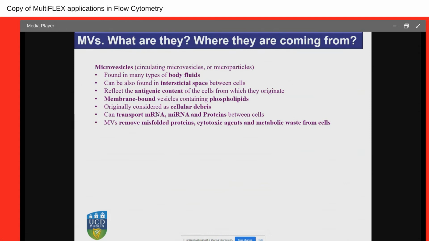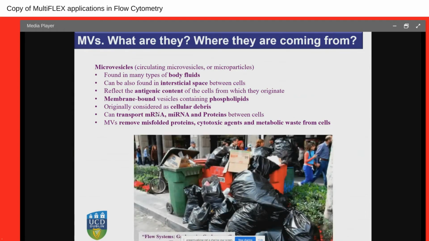When people were explaining this to me, that they could have different sizes and different compositions, and they wanted to classify and characterize them, what came to my mind was basically this: garbage. We have different kinds of garbage with different kinds of containers that could have different things inside. And as our famous Howard Shapiro used to say, garbage in, garbage out.